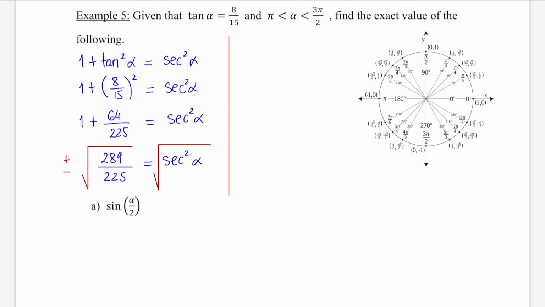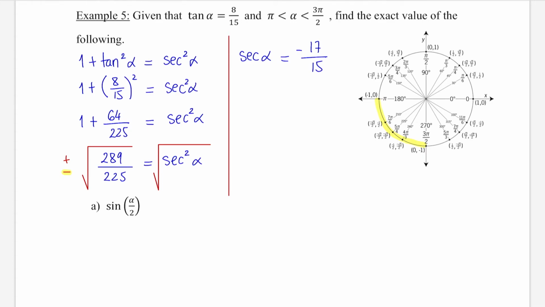Alpha is in between pi and 3 pi over 2, which is in the third quadrant. Secant of an angle in the third quadrant will be negative. So secant of alpha is negative 17 over 15.